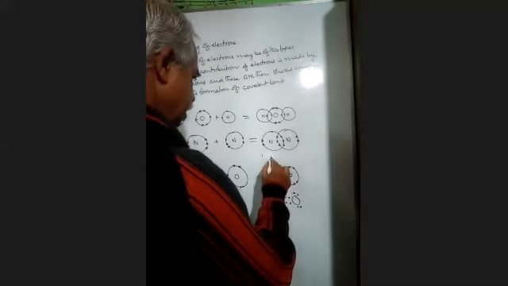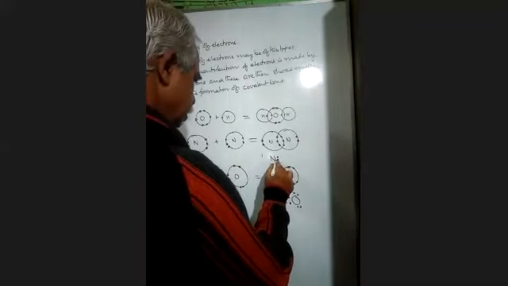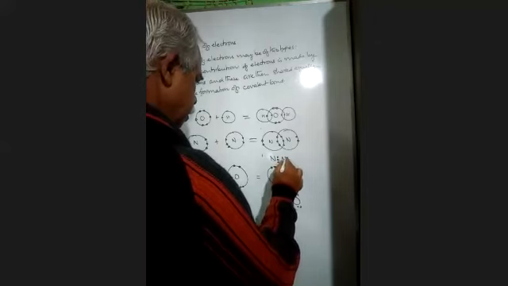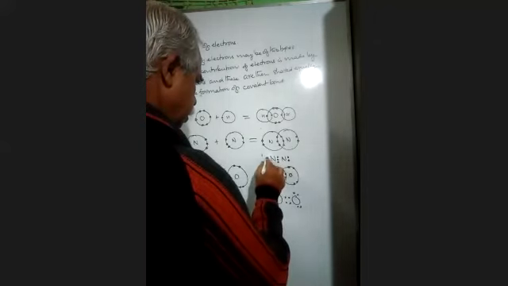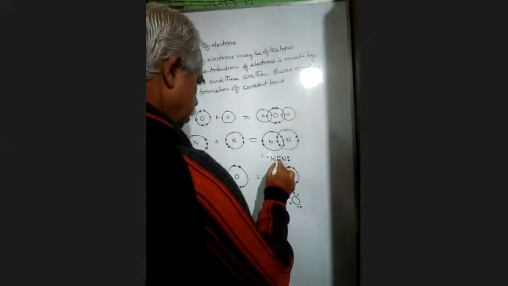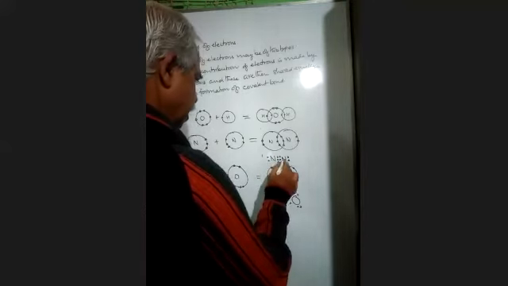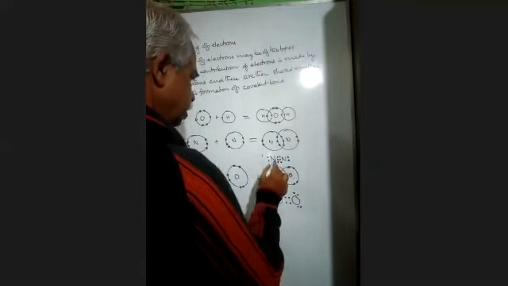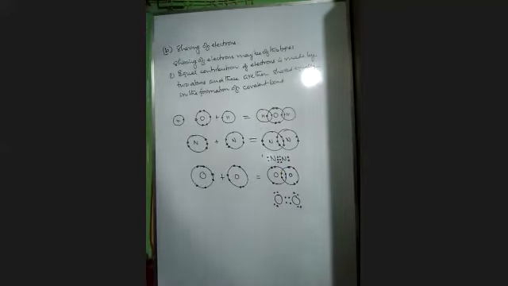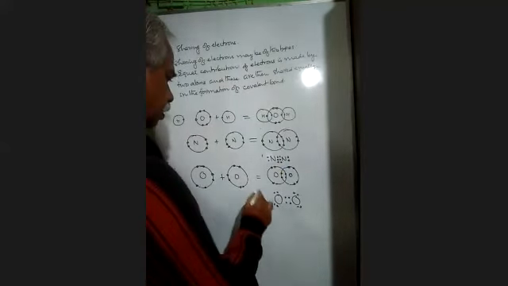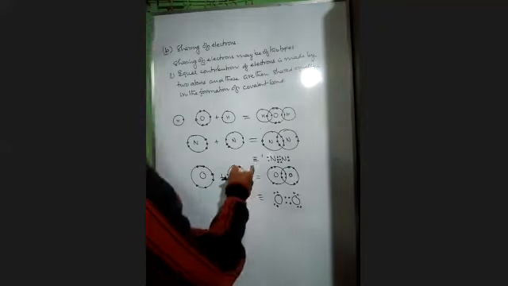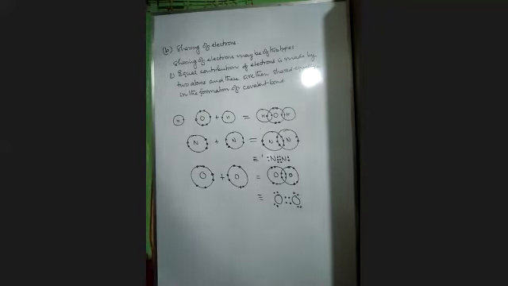That is, I can write here nitrogen is, see here, 6 plus 2, 8, 6 plus 2, 8. So this is what I'm putting. These 3 lines mean equivalent structure. Okay, so this is the way we can do it.